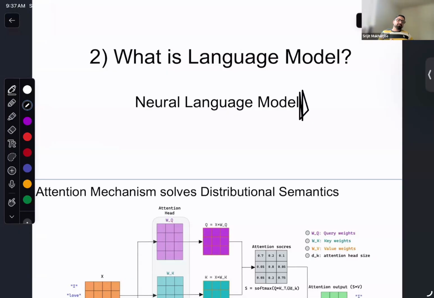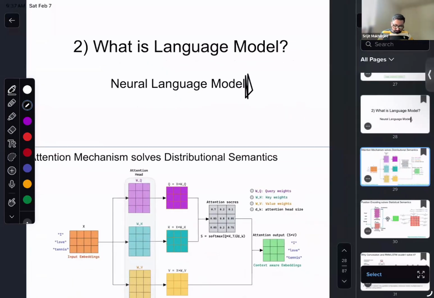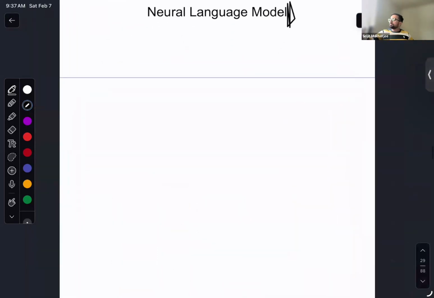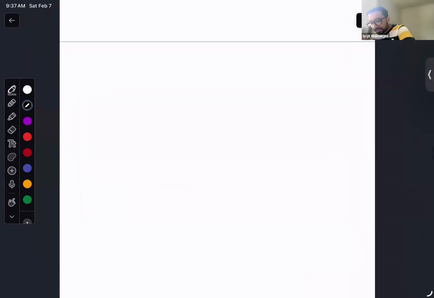And that's exactly where the attention mechanism solves this distributional semantics, the semantic information problem. So let's understand how. To tell you that, let me drink some water and explain that.